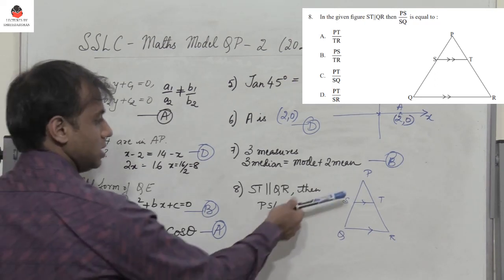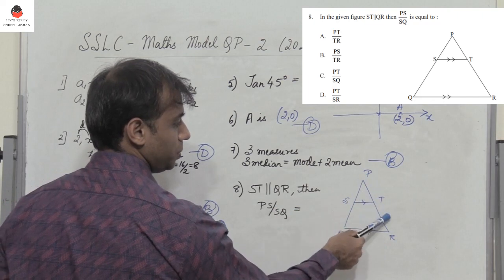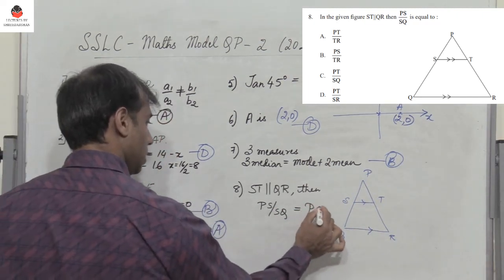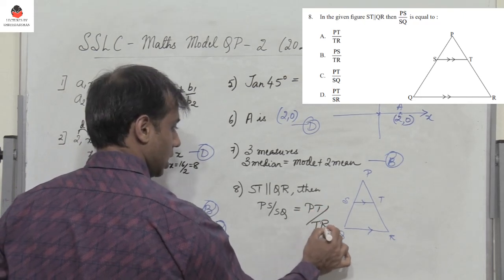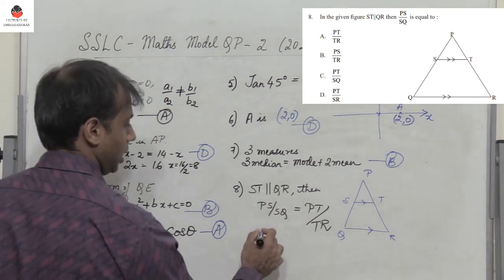If these 2 lines are parallel, PS by SQ is definitely equal to PT by TR. PT by TR corresponds to option A.